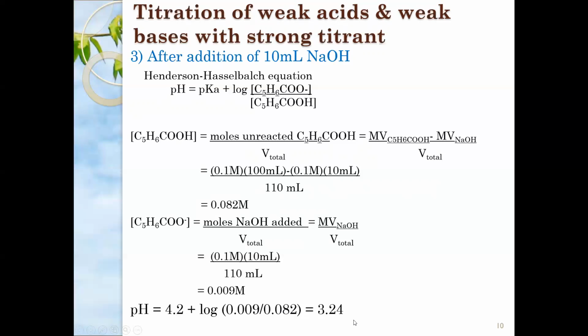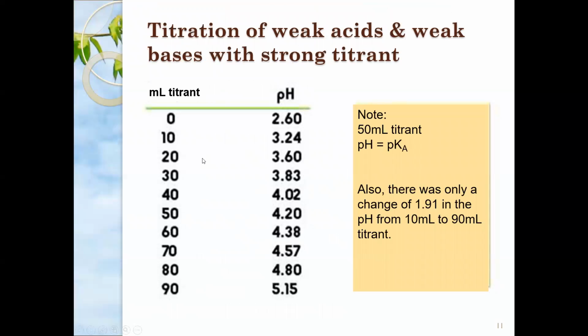Then you get the pH for the addition of 10 ml of titrant. You do it the same way when you add the subsequent 10 ml of titrant, and it has been done for you here: 20 ml, 30 ml, 40 ml, and so on. We calculated in the first step that the equivalence volume is 100 ml.